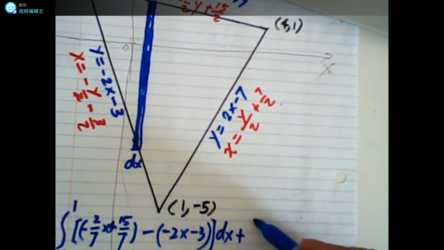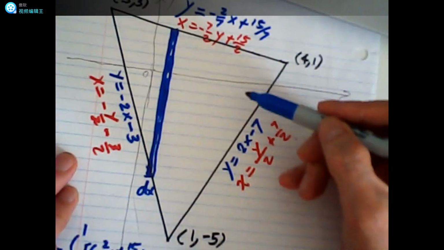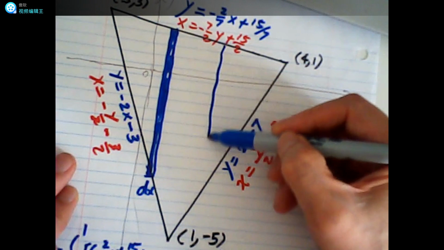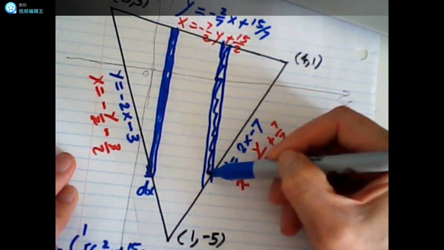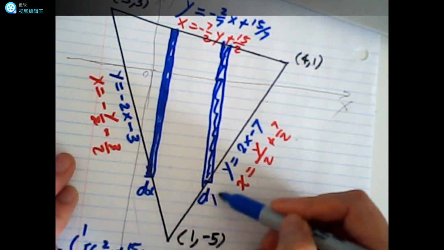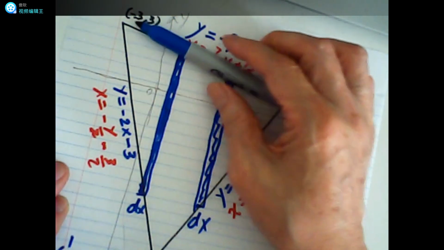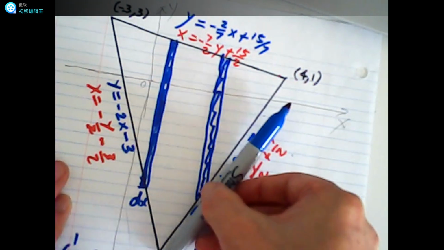And then add this kind of slices. The width is dx. The length is from this y minus that y.